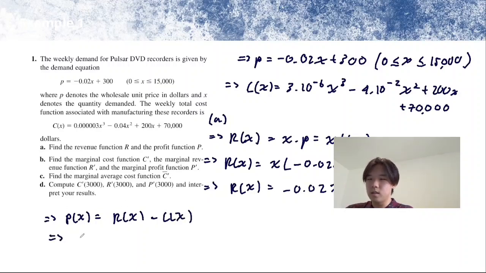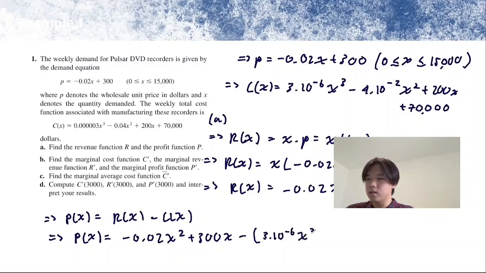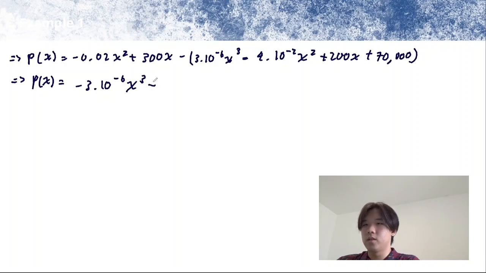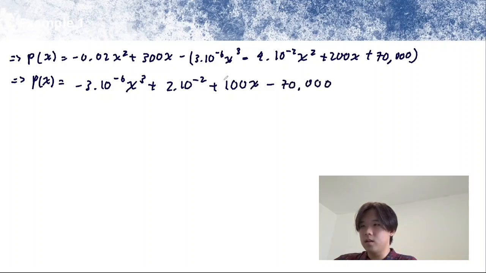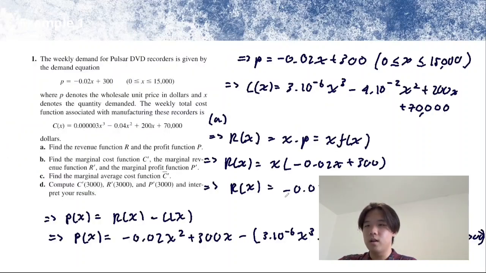So R(x) minus C(x) equals P(x), which is negative 0.02x squared plus 300x, then minus 3 times 10 to the negative 6 x cubed, minus 4 times 10 to the negative 2 x squared plus 200x plus 70,000. Okay, so this is the profit function, which results in negative 3 times 10 to the power of negative 6 x cubed plus negative 2 times 10 to the power of negative 2 x squared plus 100x minus 70,000.